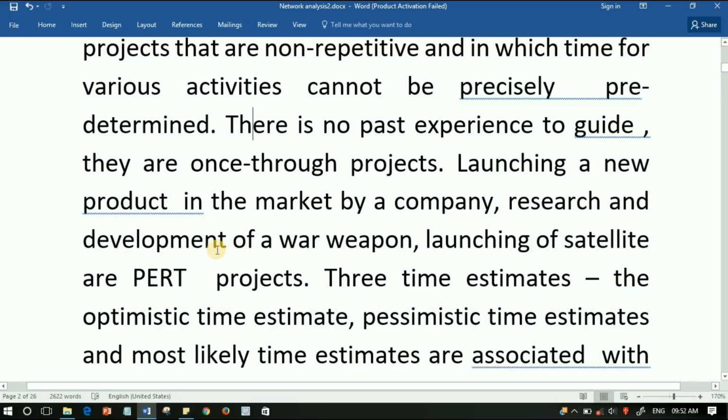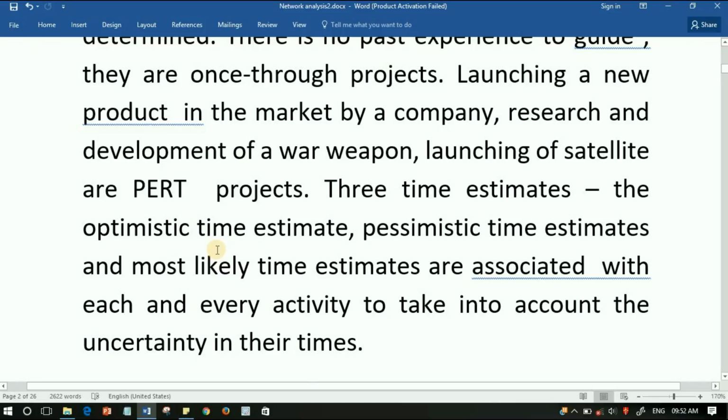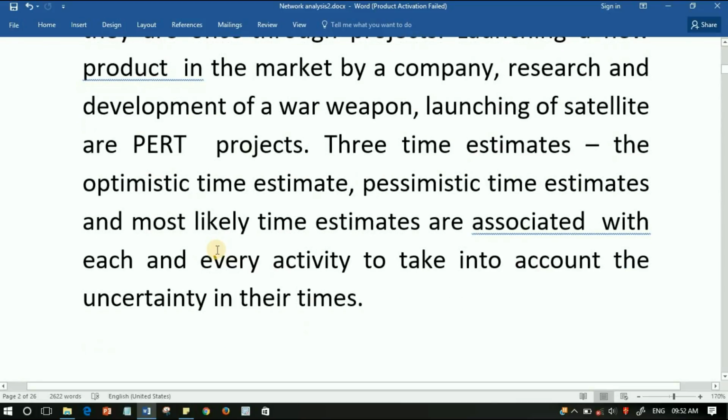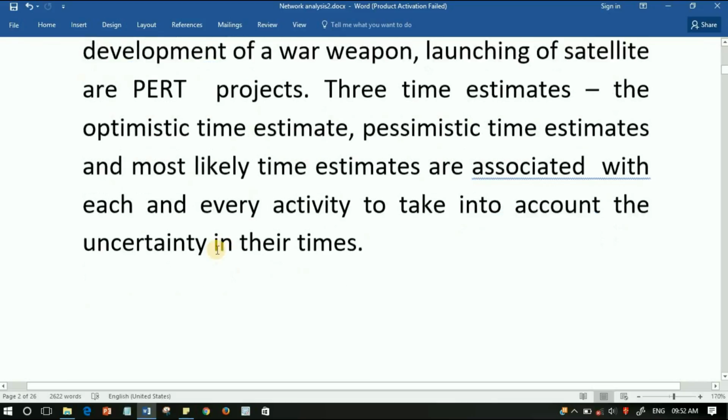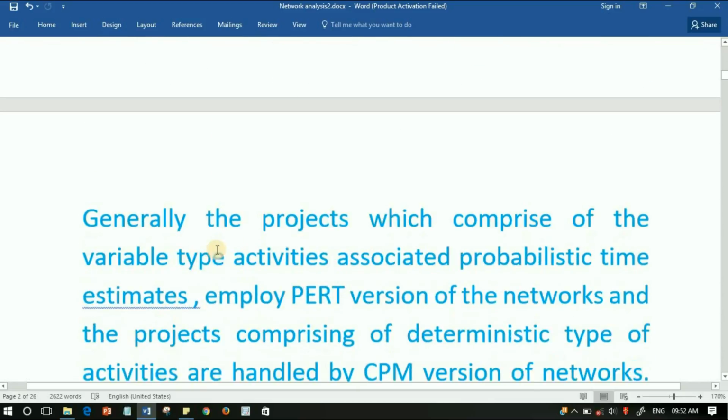Three time estimates, optimistic time estimate, pessimistic time estimate, and most likely time estimate, are associated with each and every activity to take into account the uncertainty in their times.